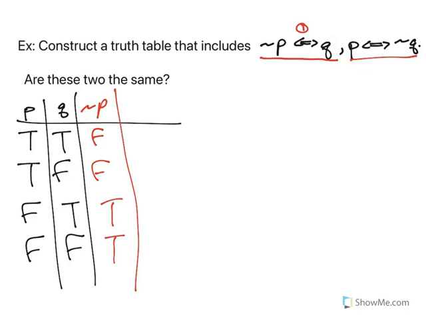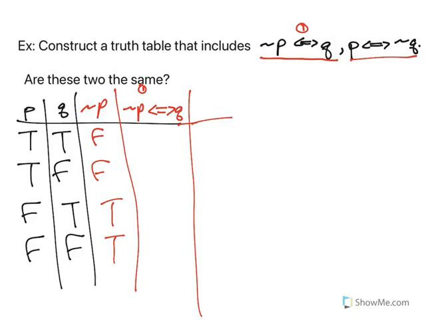Now I am ready for number 1, not P, if and only if Q. Remember, biconditionals are true when both truth values match. So we are comparing not P and Q, these 2 columns. As long as the truth values match for those 2 columns, we will have a true statement.